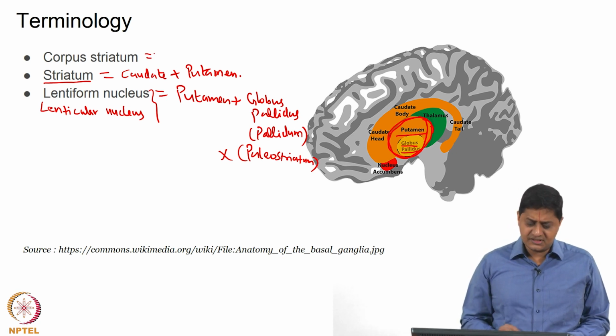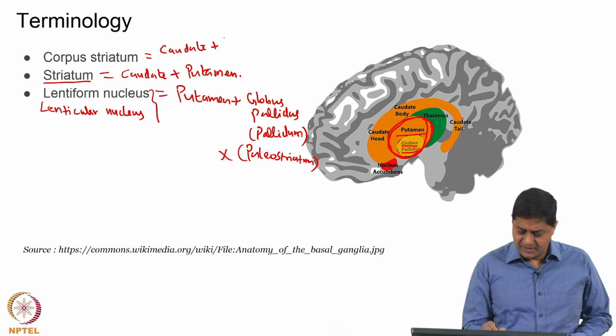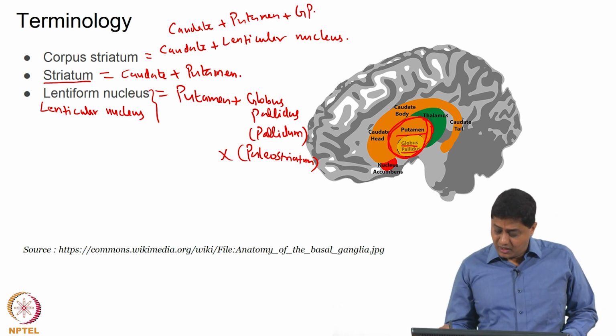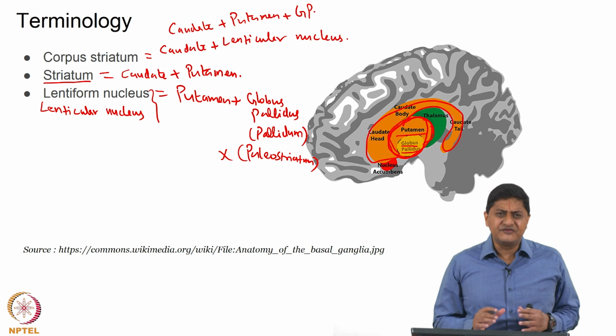Some textbooks refer to corpus striatum, which is basically caudate plus the lenticular nucleus, or basically caudate plus putamen plus the globus pallidus. So, all of these are referred to as corpus striatum by some people. So, lots of confusing terminology.